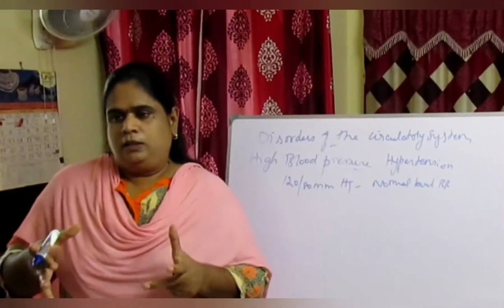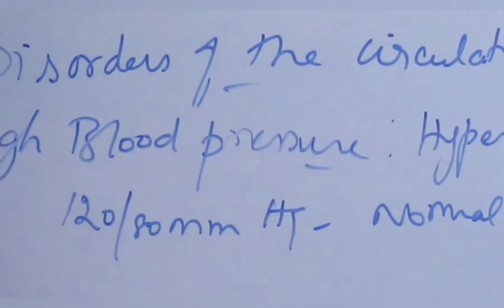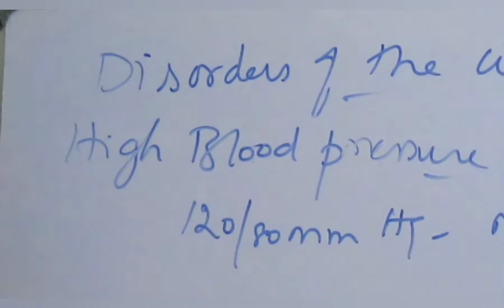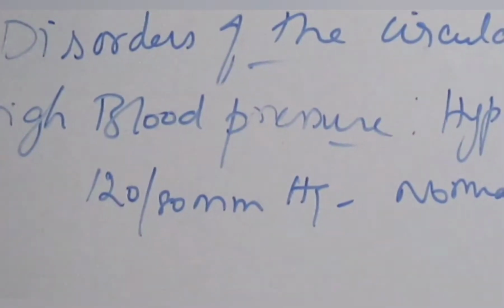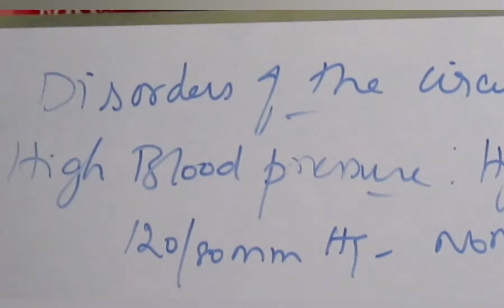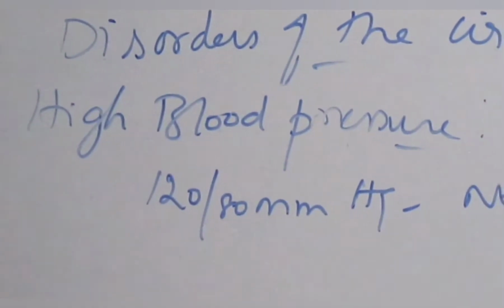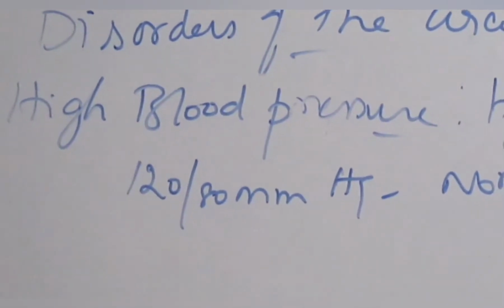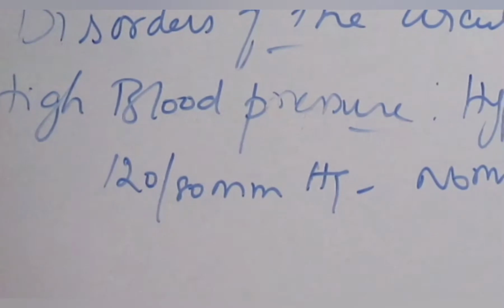Constant stress and strain for a long time, improper functioning of kidneys, smoking and alcohol consumption are also reasons for hypertension. If not treated for a long time, this condition may lead to other severe health problems and even the death of the person.